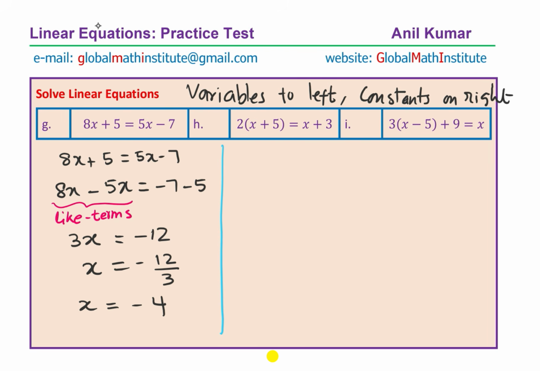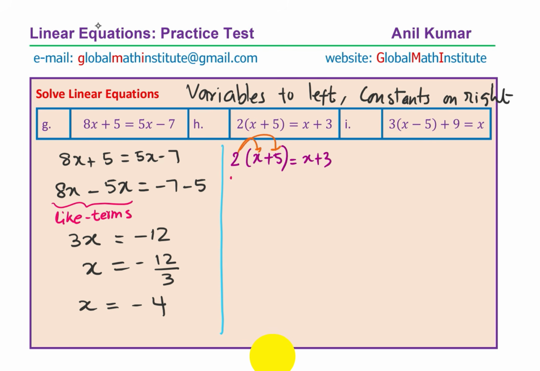Let's do the next one. Let's rewrite the question here: 2 times x plus 5 equals x plus 3. The variation here is that we have to open this bracket, applying the distributive property, right? So you have to multiply a monomial with a binomial. This is a binomial which has 2 terms, and what we are trying to do here is the distributive property.